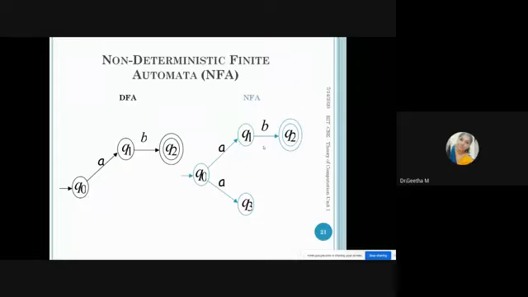This is the difference between DFA and NFA. DFA has exactly one transition, so we know where to go. But in non-deterministic finite automata, we have more than one option: either Q1 or Q3 from Q0 for the same symbol.